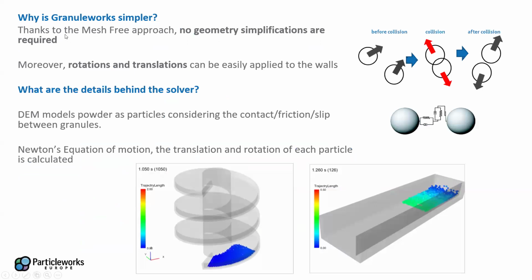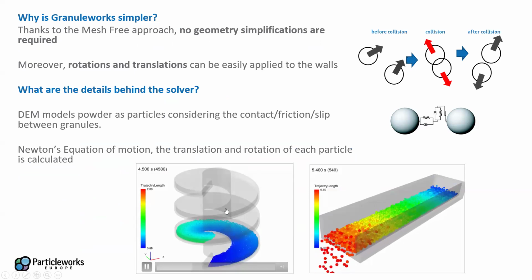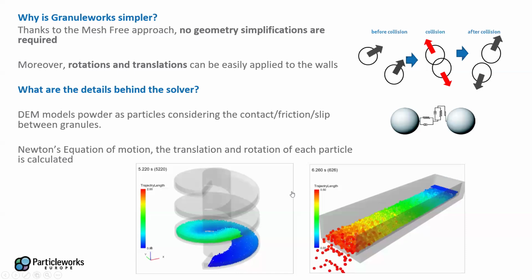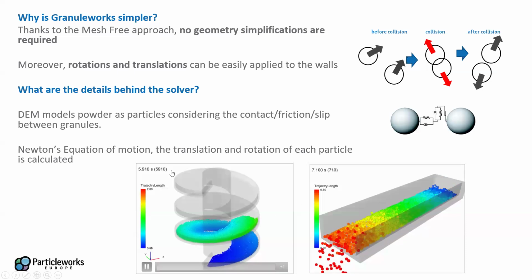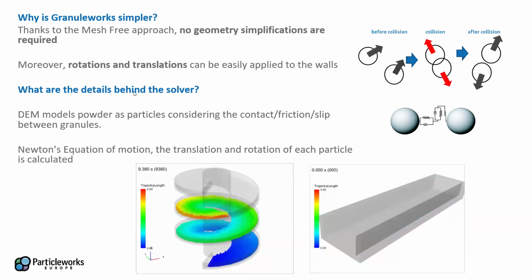As mentioned, Granuleworks is a very simple approach because it doesn't have to mesh the fluid or the solid domain, and also very complex geometry can be integrated, or very complex motion, or, let's say, shaking effects and so on, can be integrated easily.